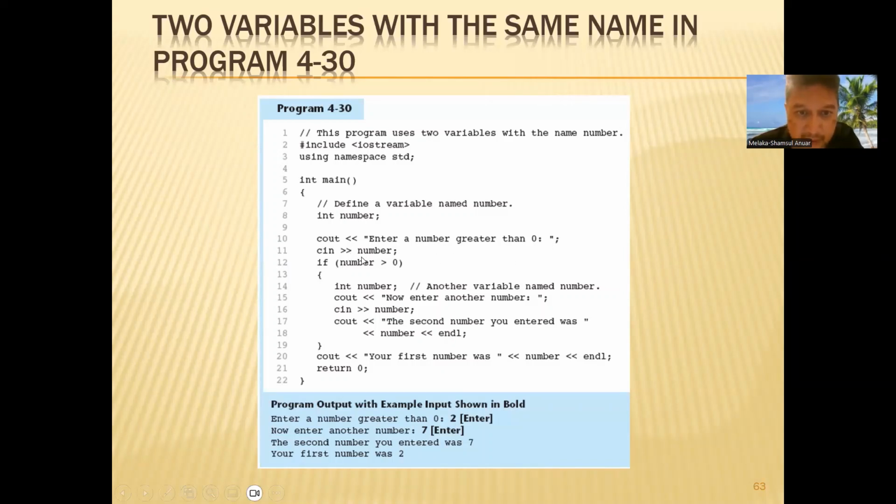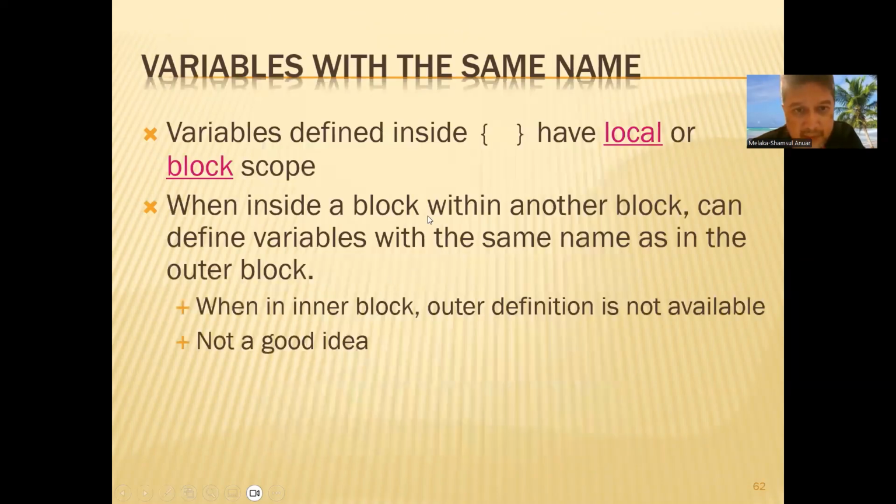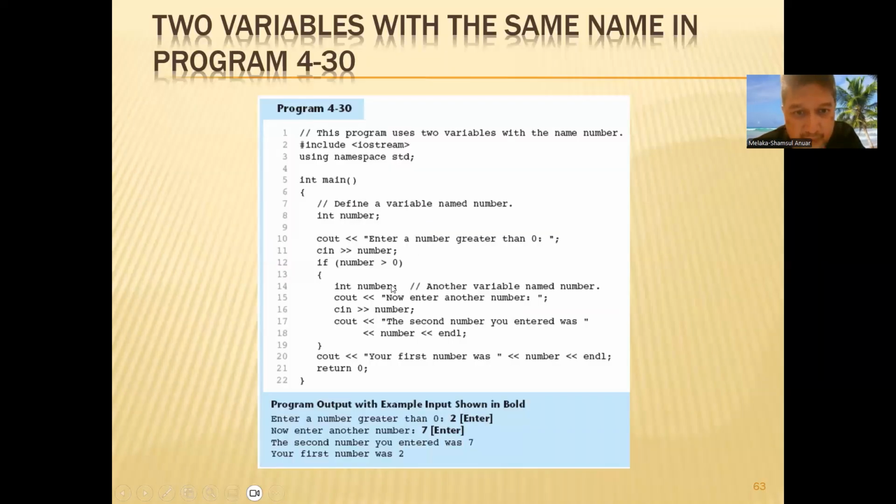Cin, and the name of the variable is number, and that number is an integer. And then if number is greater than 0, in this smaller or inner block, we define number again, another variable named number.